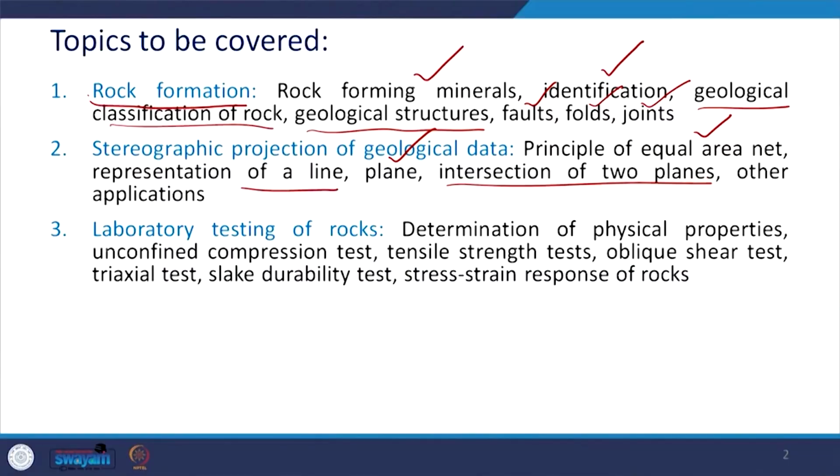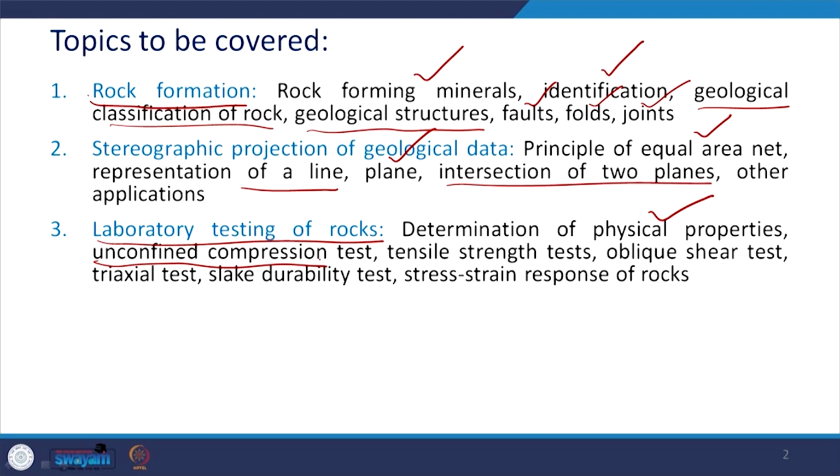Then after that, the third chapter will include lab testing of rocks. In this one, first we will learn about the determination of physical properties. Then we will see how the unconfined compressive strength of the rock is obtained using the unconfined compression test.